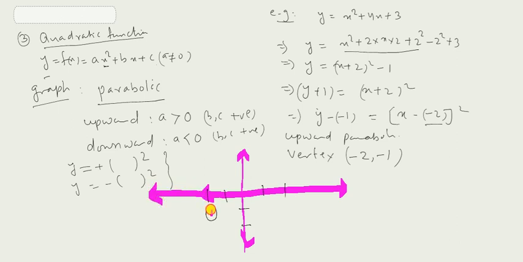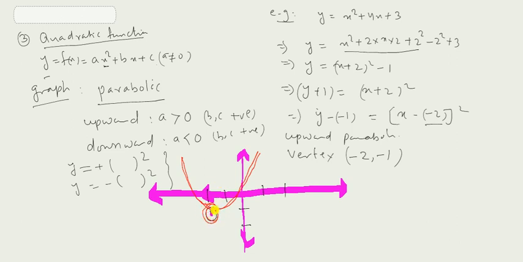Here the vertex is at this point and it is an upward parabola, so the shape of the parabola will look like this. This is the vertex and it is symmetric like this. Okay, so I think this is clear to you.